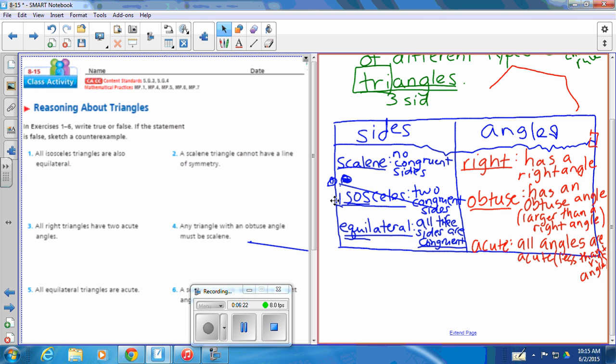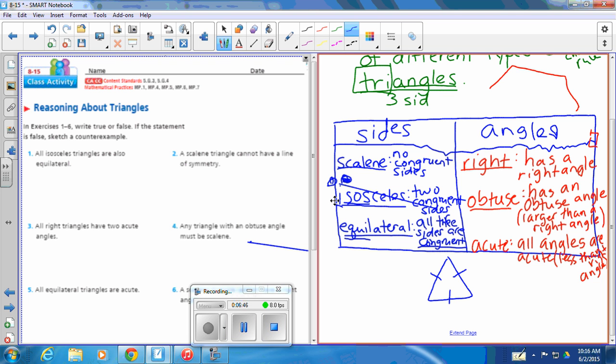Okay, so could we have an equilateral acute triangle where all sides are the same and all angles are acute? Yes, we can do that. And we can draw an example of that. We can use our tick marks to help us. All of those angles are acute.